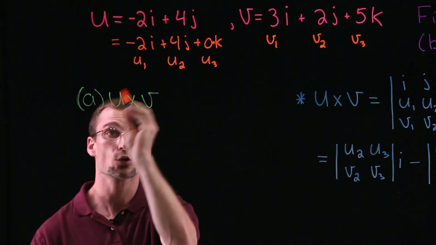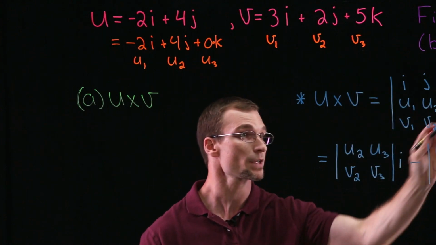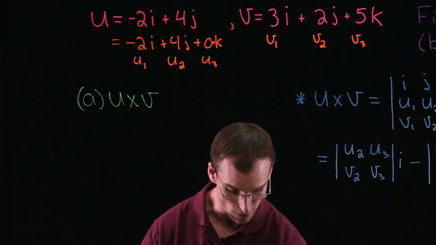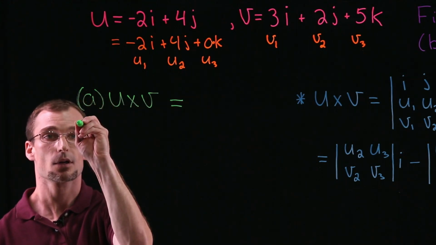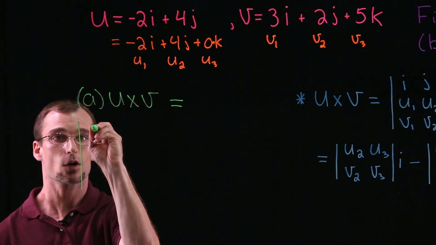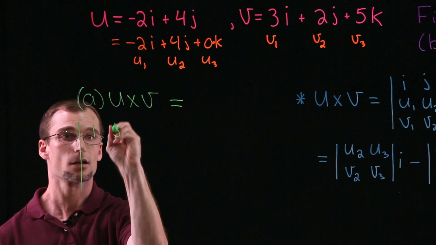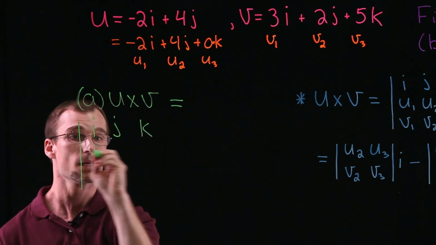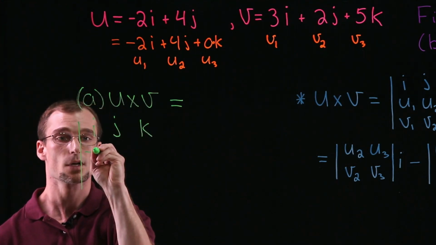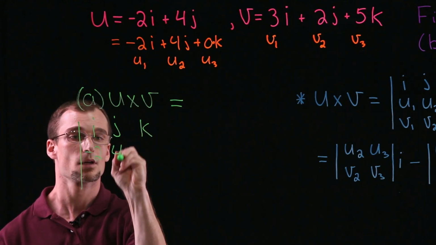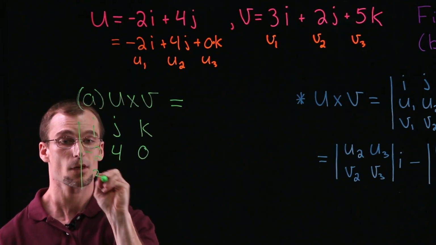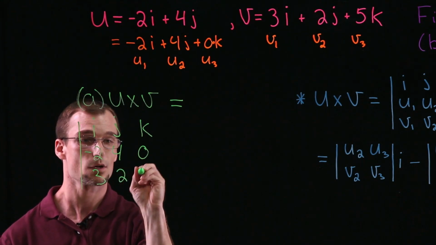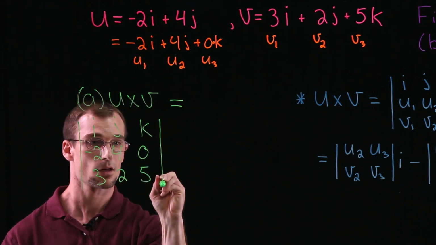We start by setting up the initial matrix: the row i, j, k, the next row the components of u, negative 2, 4, and 0, and the last row the components of v, 3, 2, and 5.